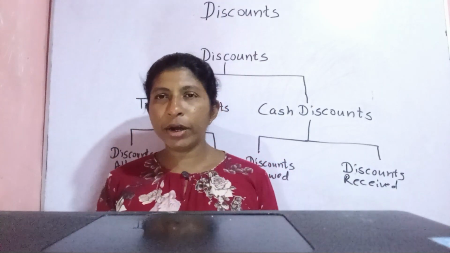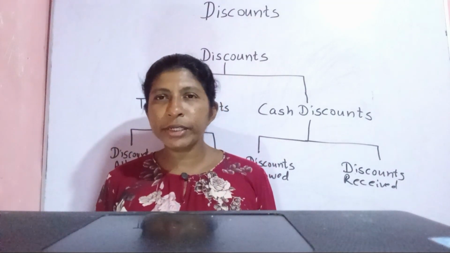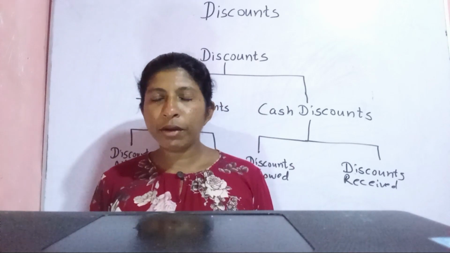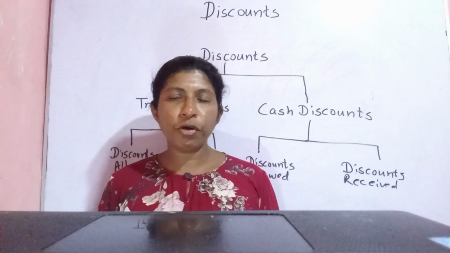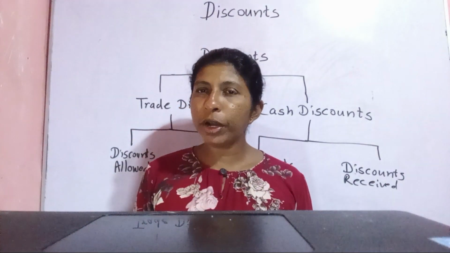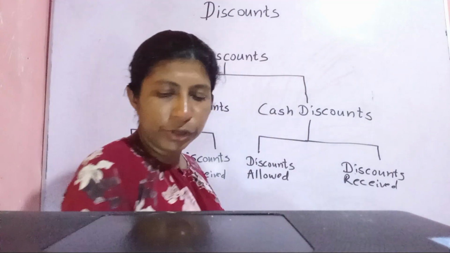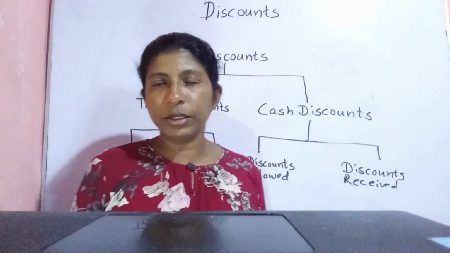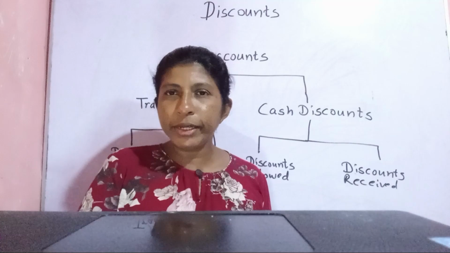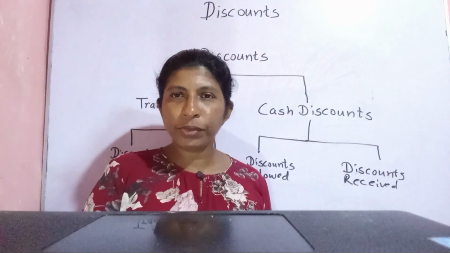If we have given a discount of 10%, the total value is 20,000, then we have to calculate the discount by multiplying 20,000 by 20%. That means rupees 4,000 discount we have given.